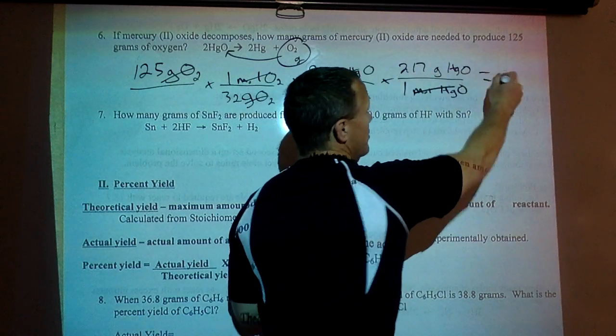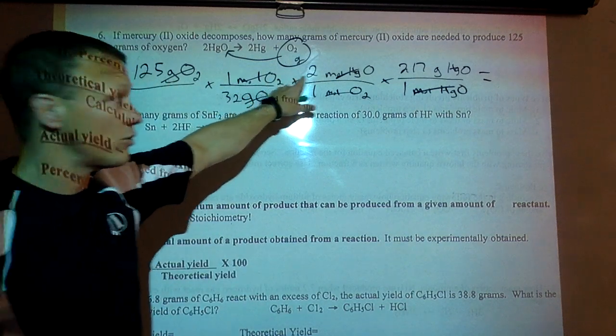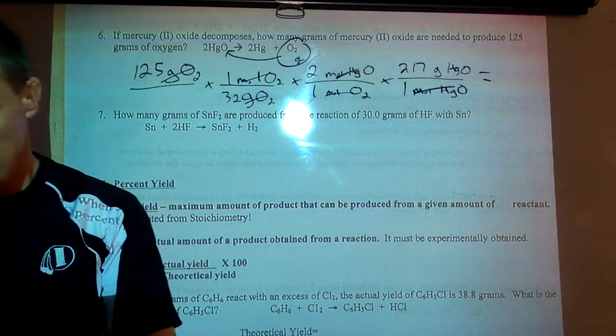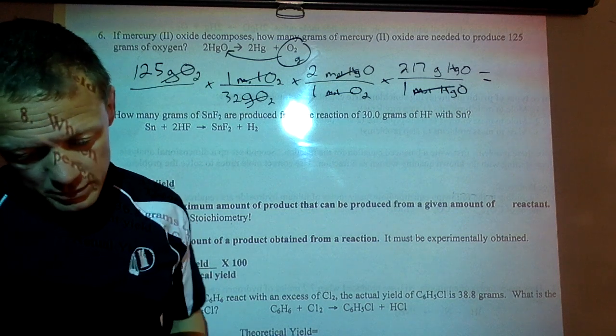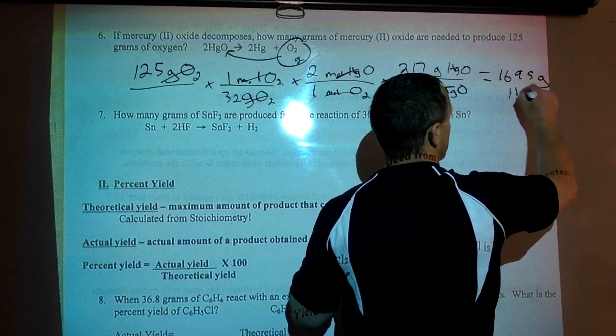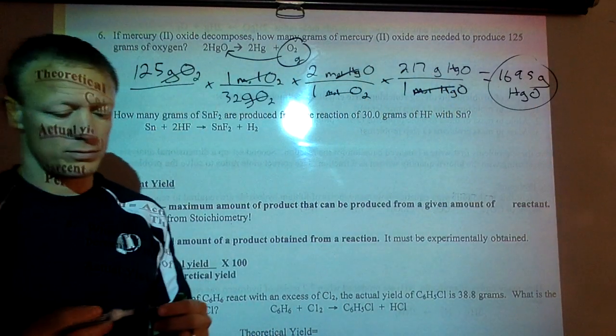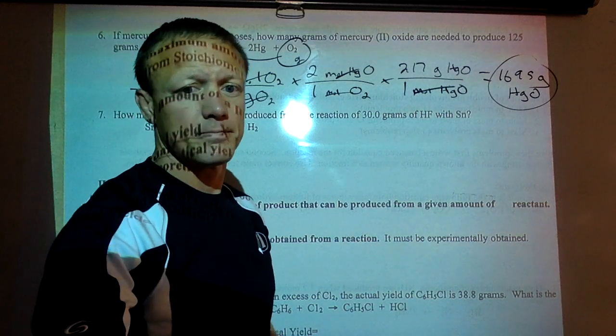We know we're done when we get to grams. 125 divide by 32, multiply by 2, multiply by 217. Our answer is that many grams HgO. Good luck.